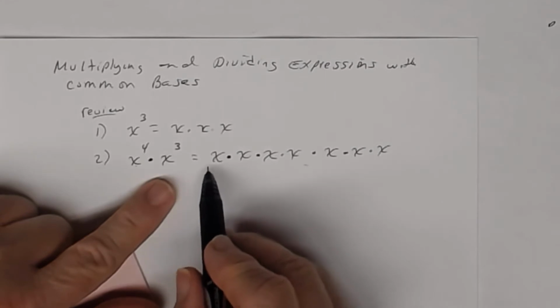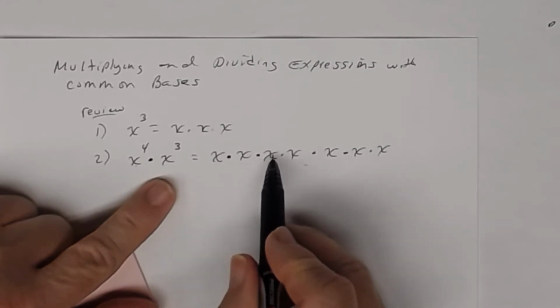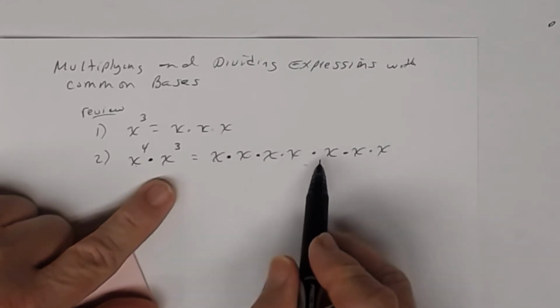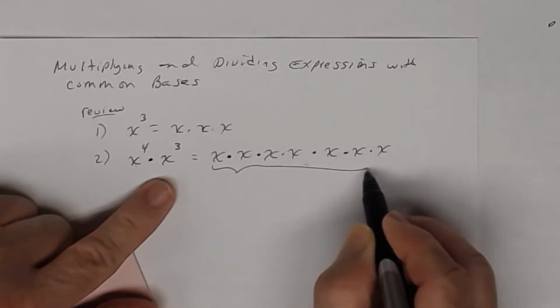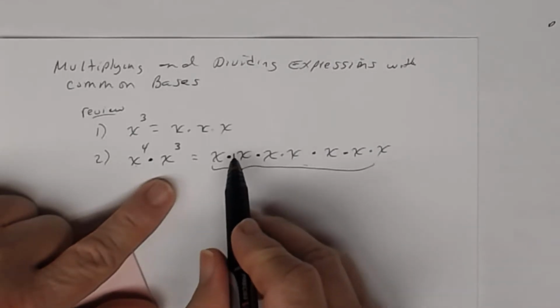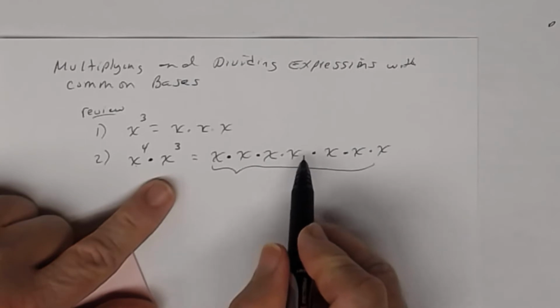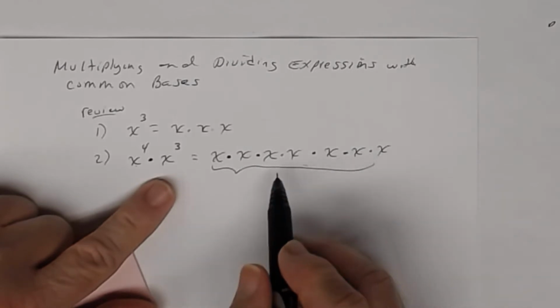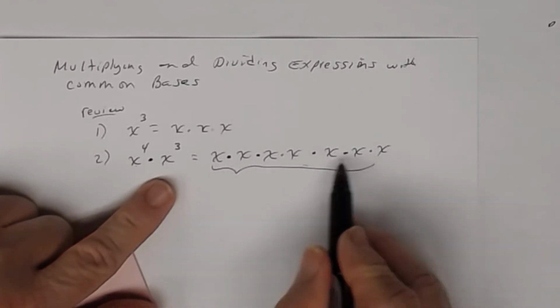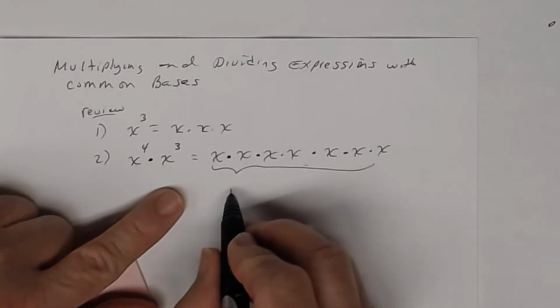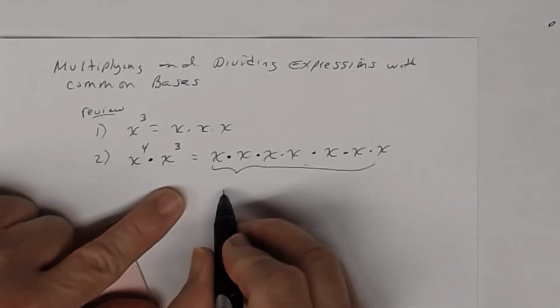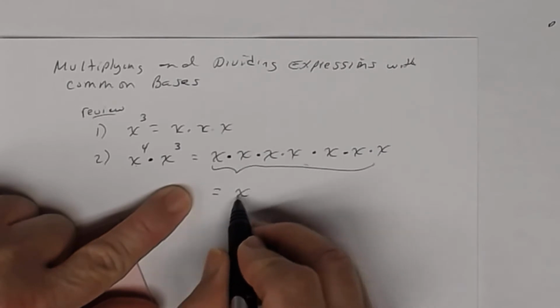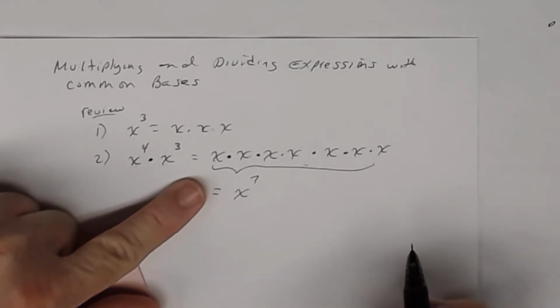And if you look at this, all these factors here are the same. They're all x's. But how many factors of x do you see altogether? There's 1, 2, 3, 4, 5, 6, 7, right? So I can write this product as an exponent, in exponential notation. I can write this as x to the 7th power, right?